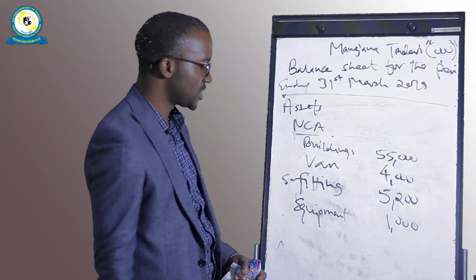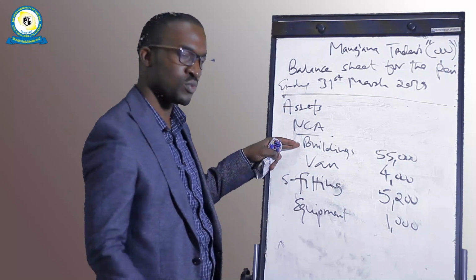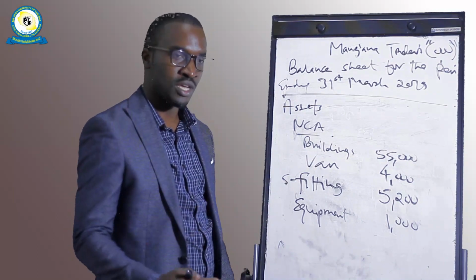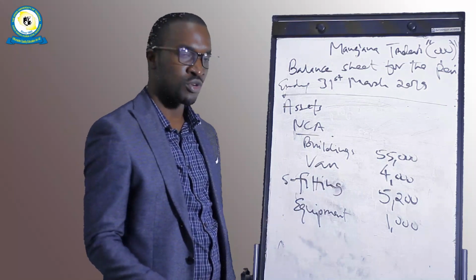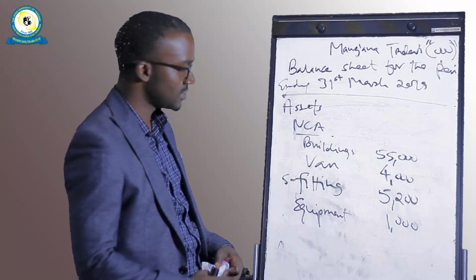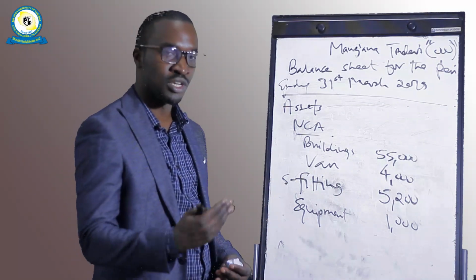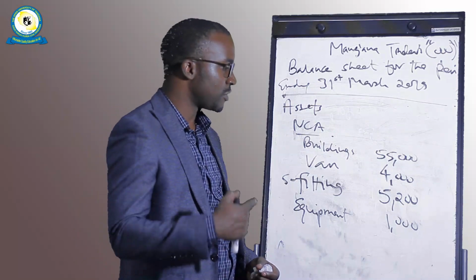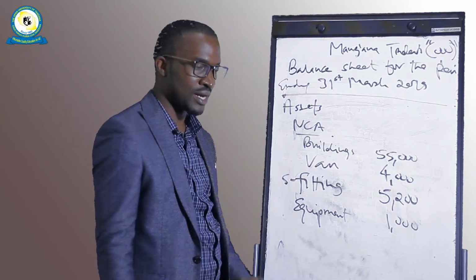It is our expectation that assets like fixtures and fittings, the van or the buildings will stay for more than 12 months, 2 years, 3 years, up to 10 years. So all these assets that we expect to generate economic benefit for more than 1 year, we categorize as non-current assets.